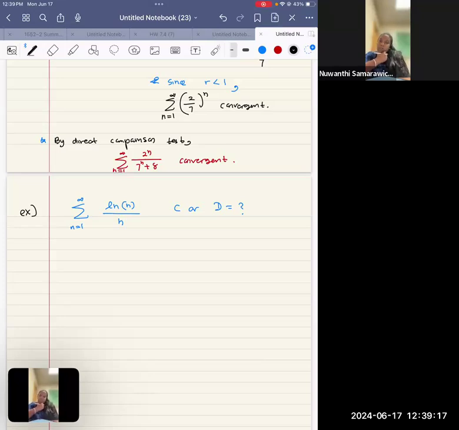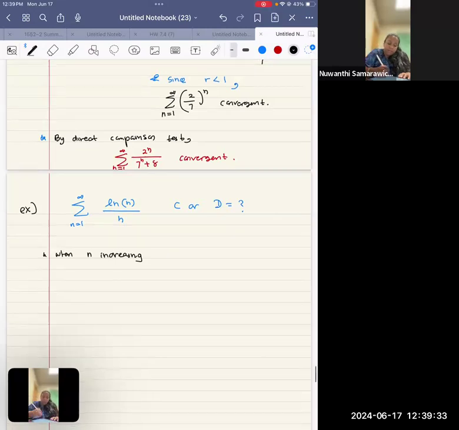Here you have to notice that when n is increasing, that means when n goes to infinity, if you consider the numerator and denominator, the numerator is ln n, the natural log.